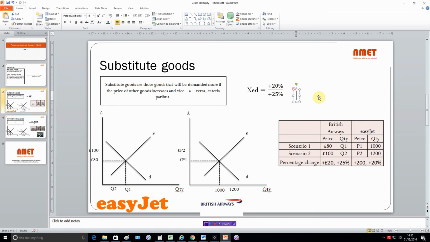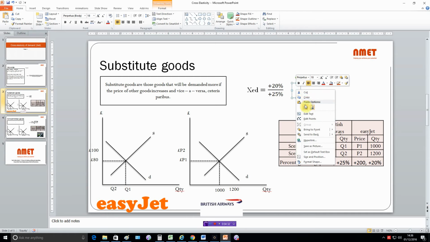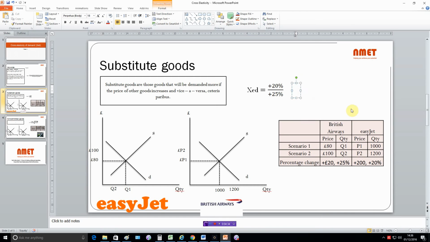What is the XED equal to? 20% divided by 25%, how much would that be? Plus 0.80. The XED is plus 0.80.